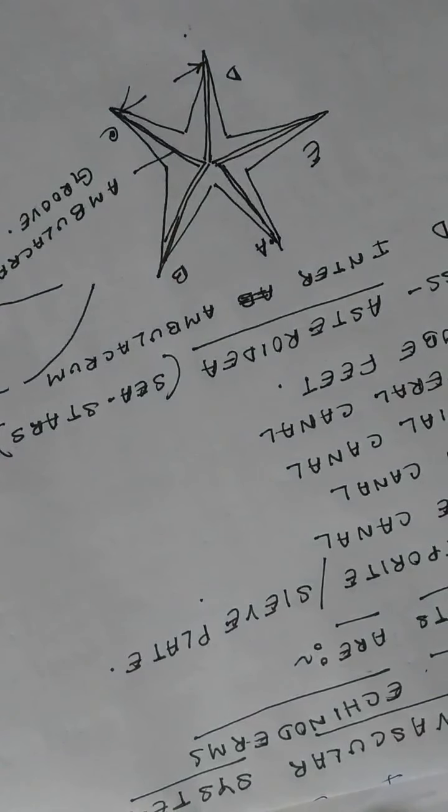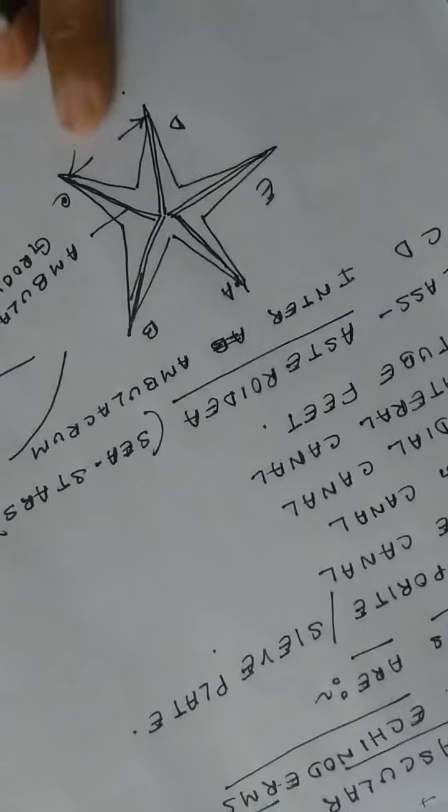Okay. Now, as I have mentioned, it is known as the sieve plate. So basically it is known so for its sieving mechanism. That is, the main function of the madreporite is to serve as an avenue for seawater to enter the system. Okay.